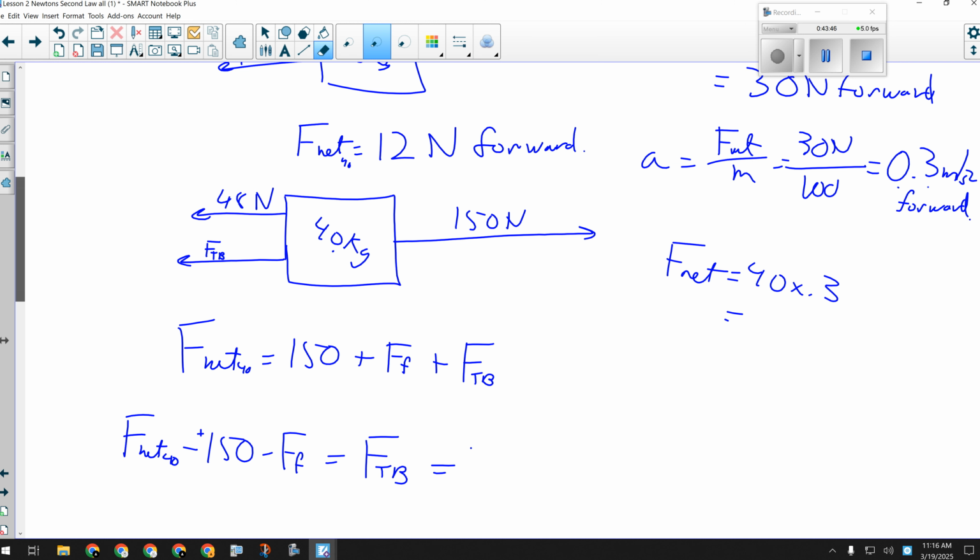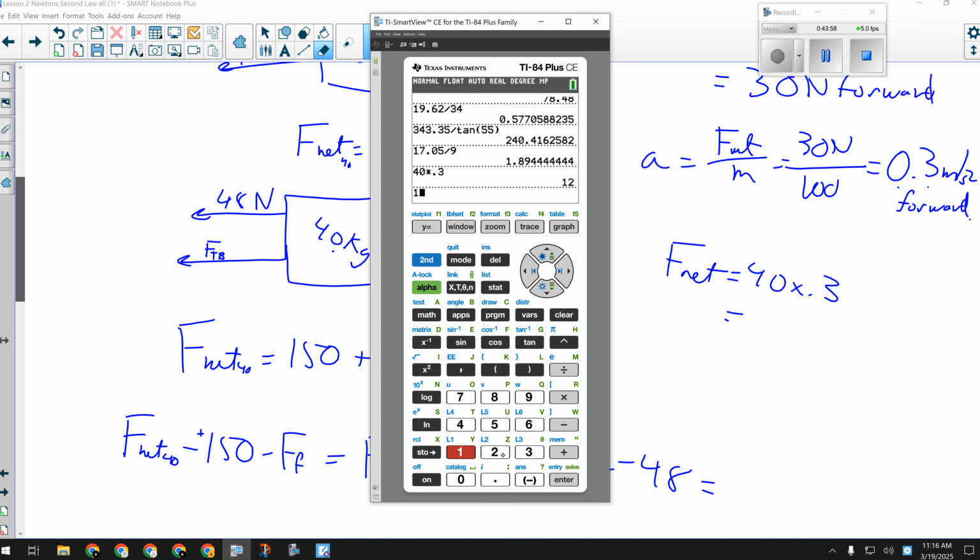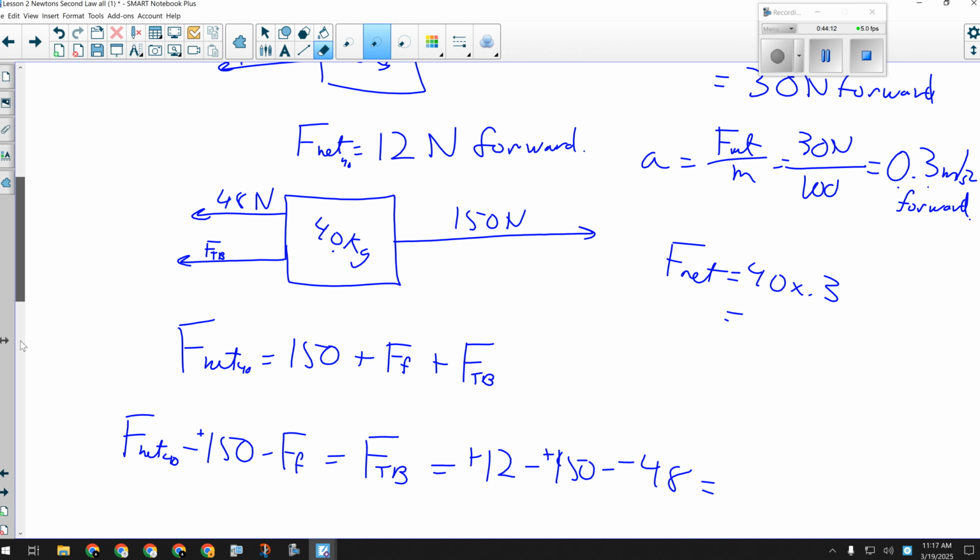So positive 12 minus positive 150 minus negative 48, because the friction was negative. So 12 minus 150 minus negative 48. So the tension in that second cable or rope is 90 newtons backwards.